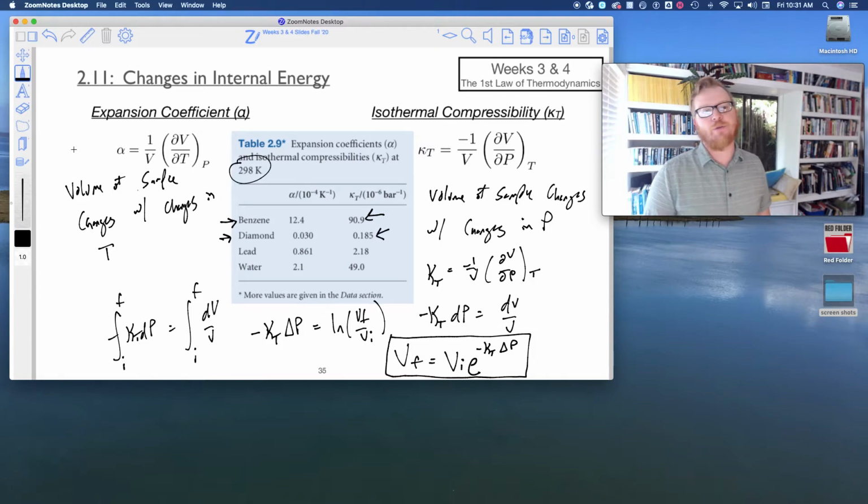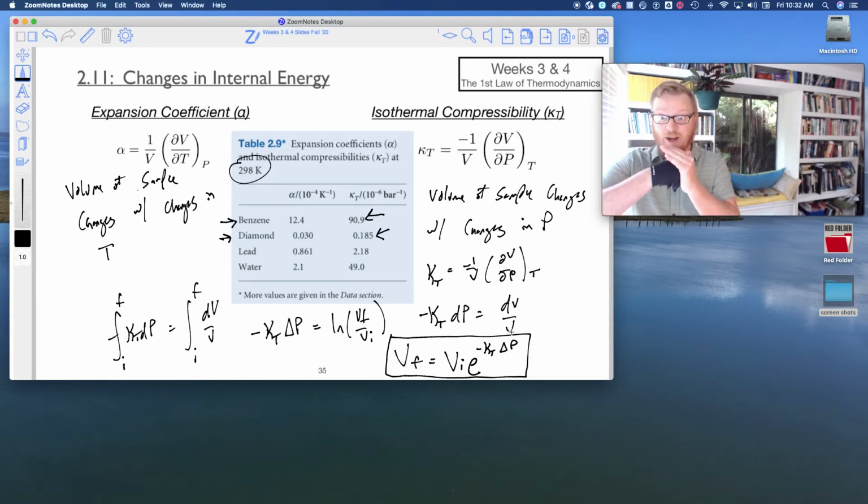And I can do the same thing for the expansion coefficient. What you would find for things like benzene, we talk about these liquids and solids being incompressible fluids, right? Well, if you isothermally compress a sample of benzene with 1,000 atmospheres, so if I make delta P 1,000 atmospheres, you can noticeably compress that liquid.